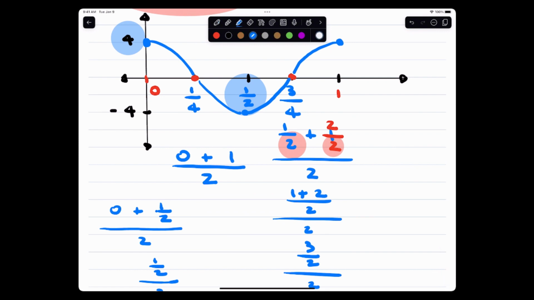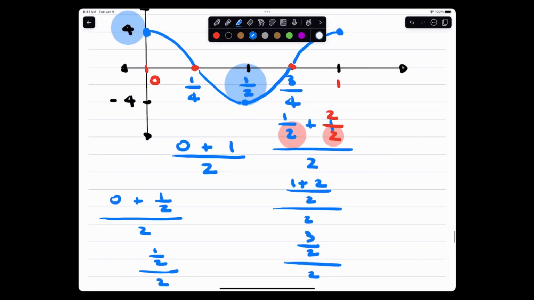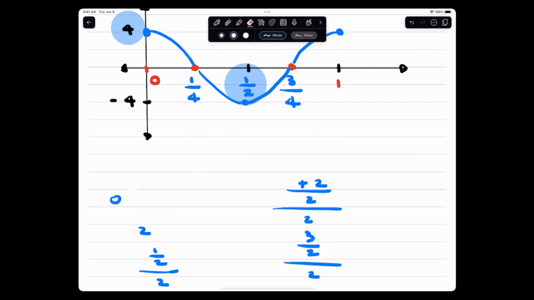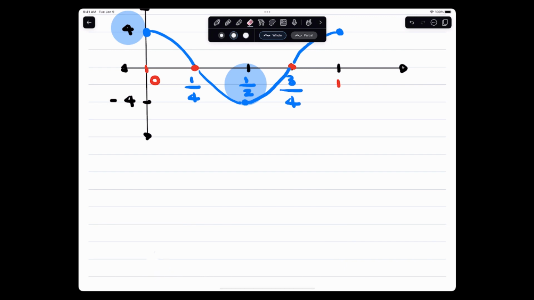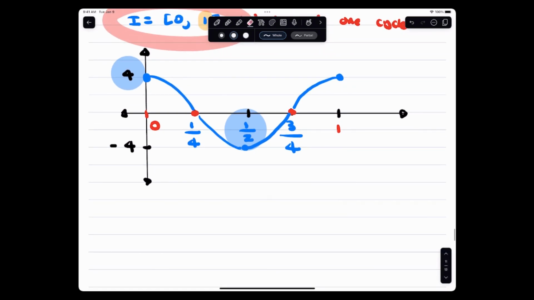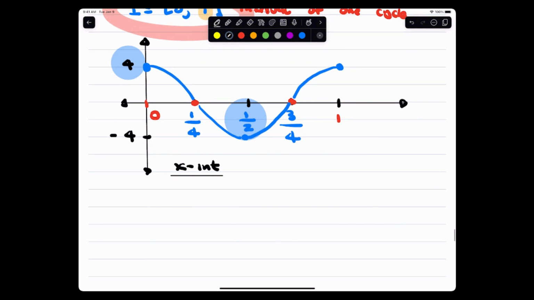So, okay, we're now ready for the analysis, aren't we? Where do your x-intercepts happen?